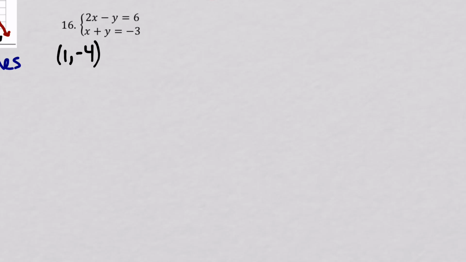Okay, so I'm going to start with the first equation. 2x minus y equals 6. Instead of x, I am going to substitute in 1. And instead of y, I'm going to substitute in -4. And I'm going to check if this is actually true.